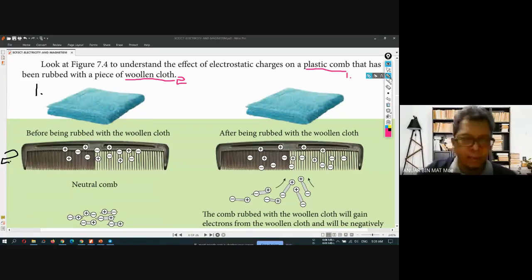Before rubbing, before we rub the woolen cloth with the plastic comb, what are the charges on the woolen cloth and the charges on the plastic comb? Anybody?